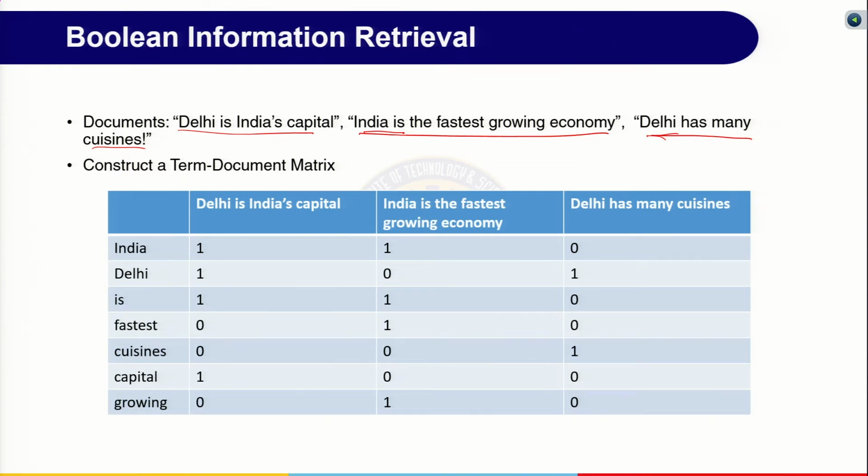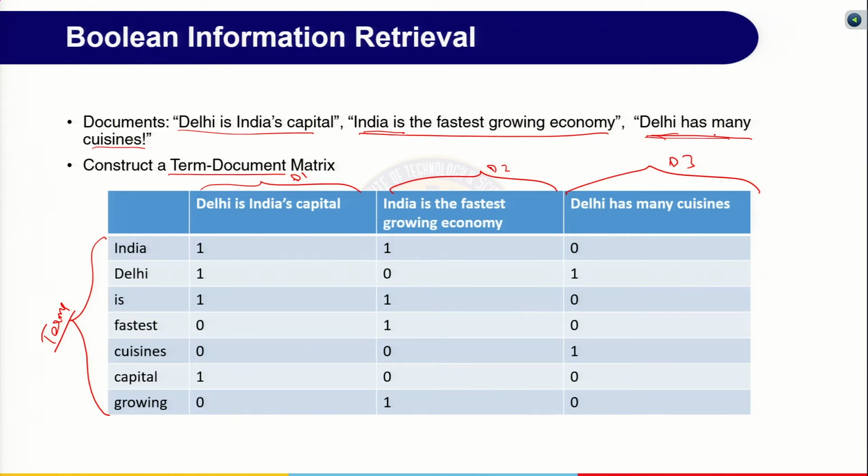Given these 3 sentences, the first thing that we'll do is construct a term document matrix. The reason we call it a term document matrix is that we write all the unique terms as rows. These are all the unique terms from the 3 documents, and we denote the documents as the columns. This is document 1, this is document 2, and this is document 3.